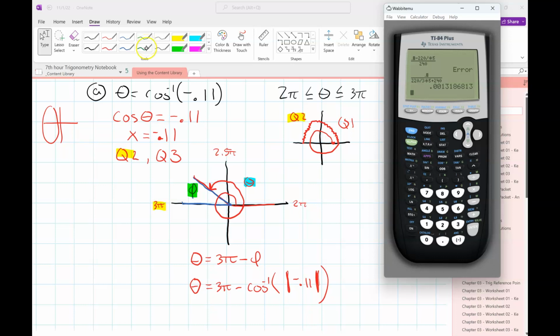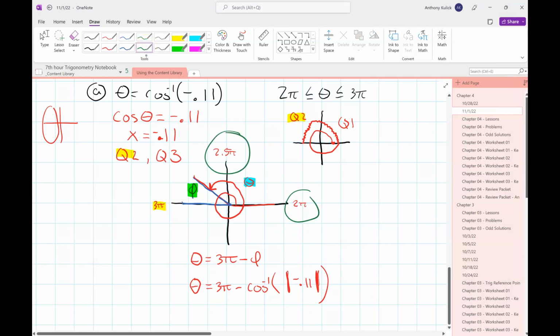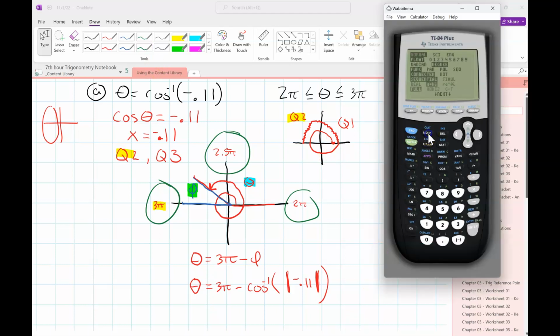The reason is all our quadrants we wrote in radians, right? We used 2 pi, 2.5 pi, 3 pi. We didn't use 360, 450, 540. Okay, so let's just make sure we're in radian mode.